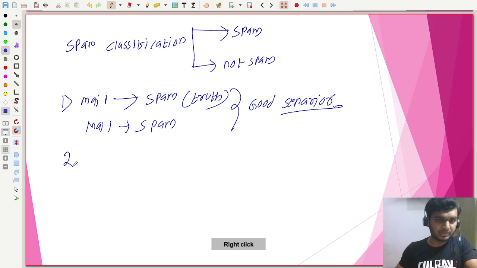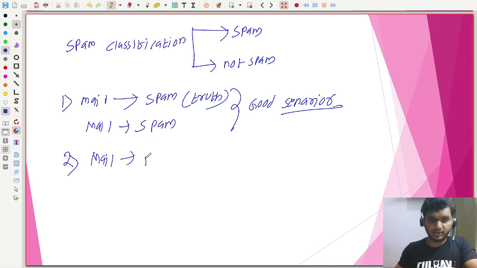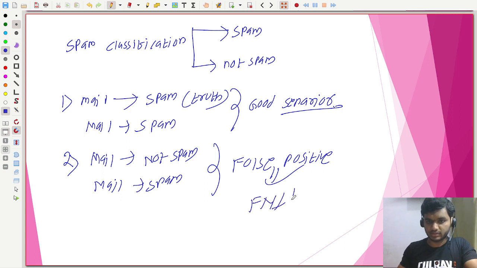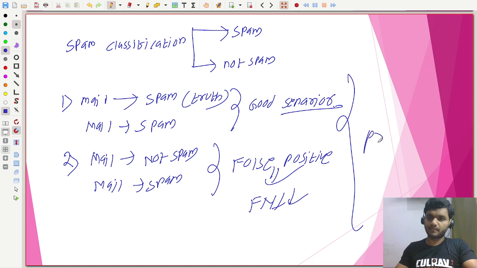So it is false positive. So here we reduce the false positive, and you can use precision. So it is the example of precision.